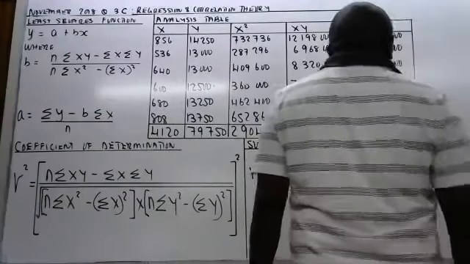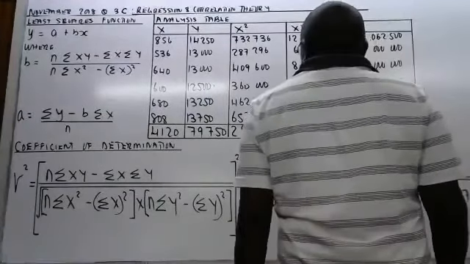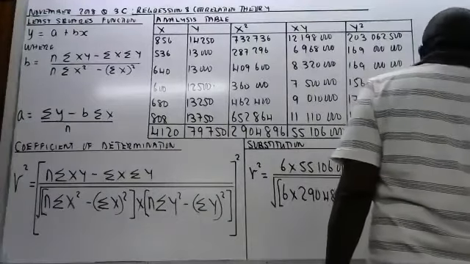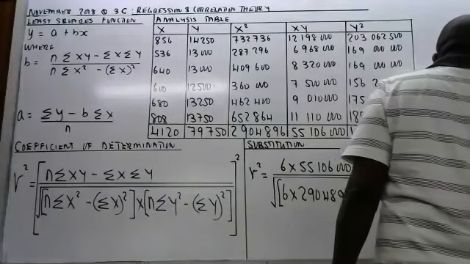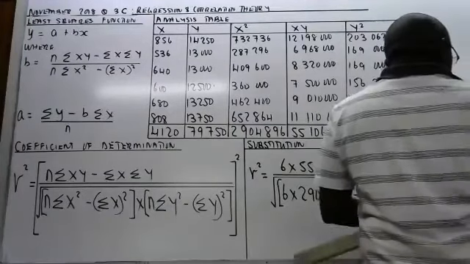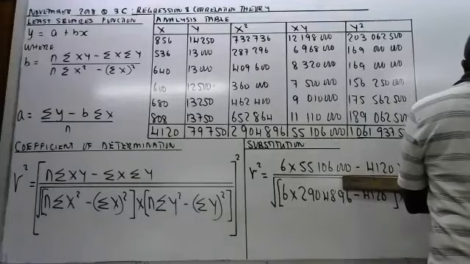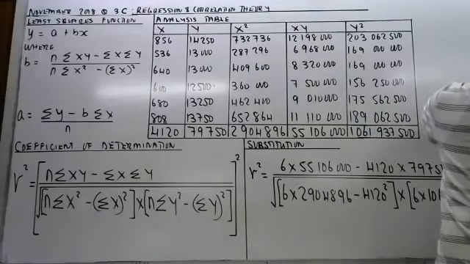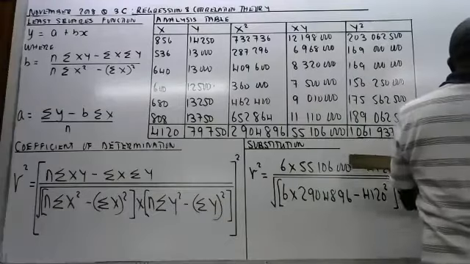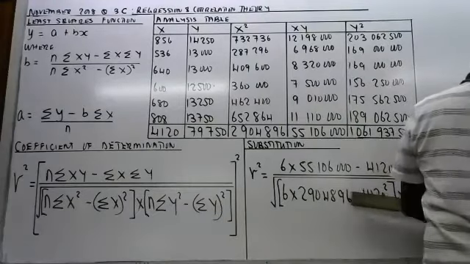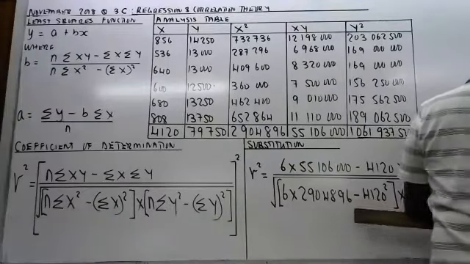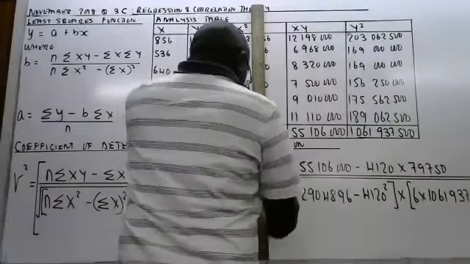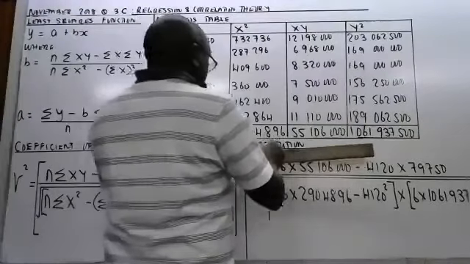sum of y, 79,750 squared. Then we take the whole of this and get the square root of it.